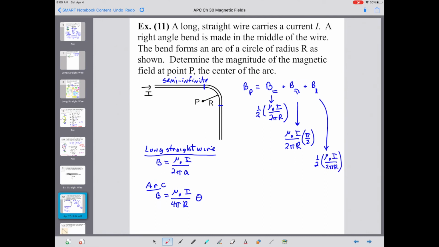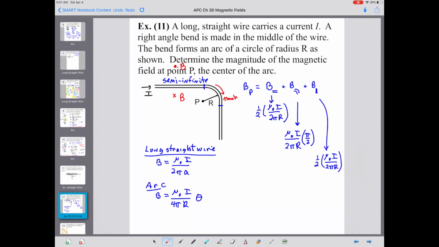Now let's think about directions. Right-hand rule. Top wire, if you point your right thumb in the direction of the current, your fingers are going to wrap so that the field goes into the board down here and comes out of the board up there.